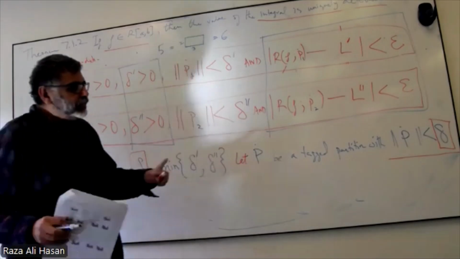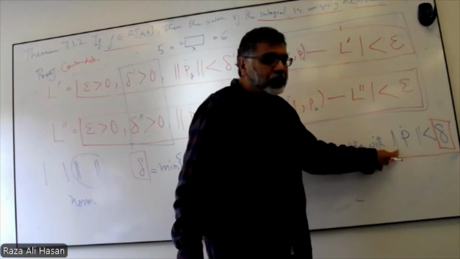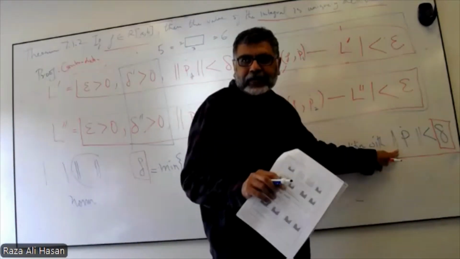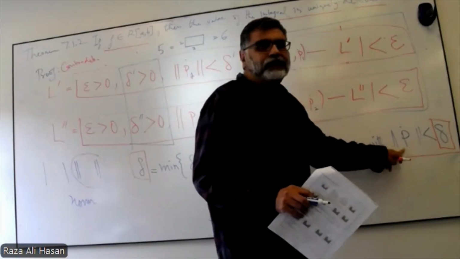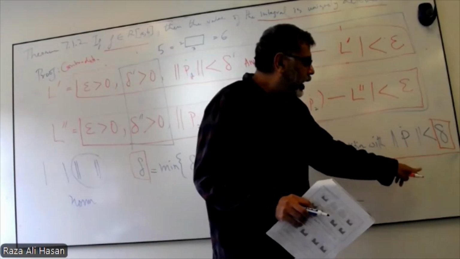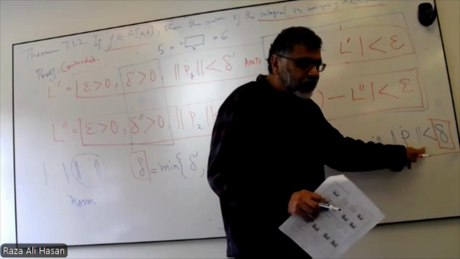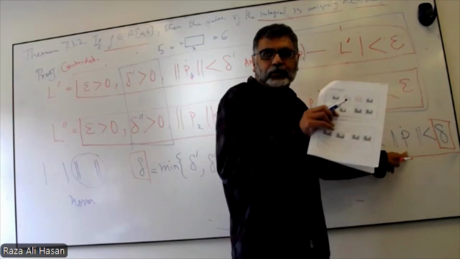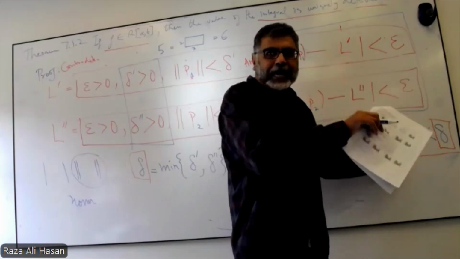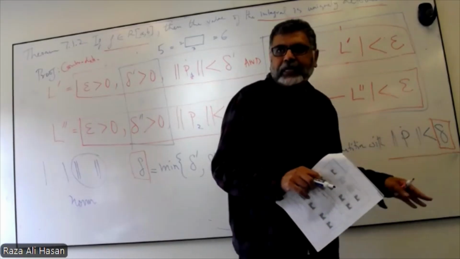So this is saying that the width of any of the rectangles is less than delta. If we take the finer partition and the smaller delta, the width of the largest rectangle in the finer partition, which has more rectangles, better be smaller than this, and this is the case then.